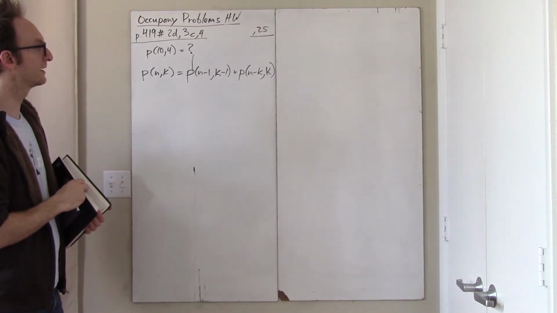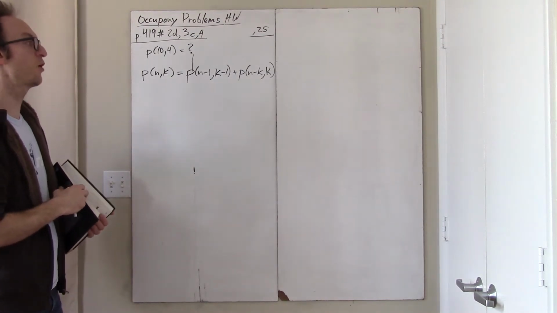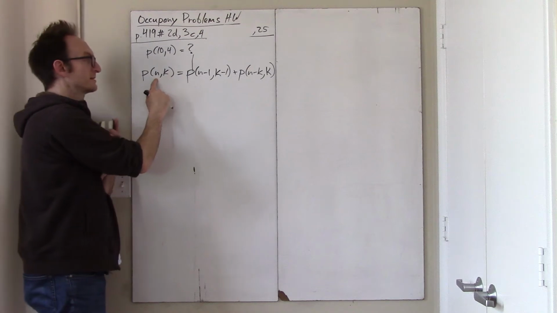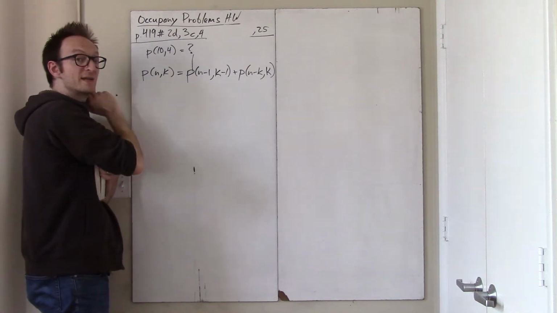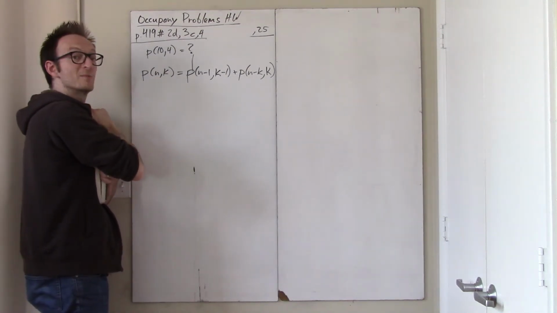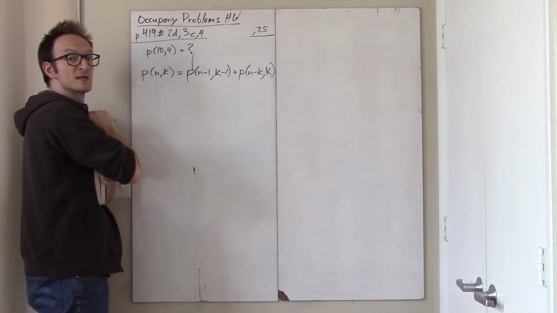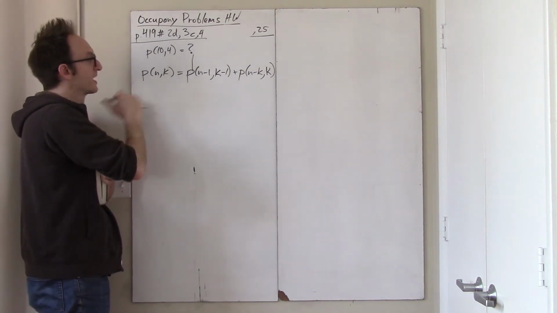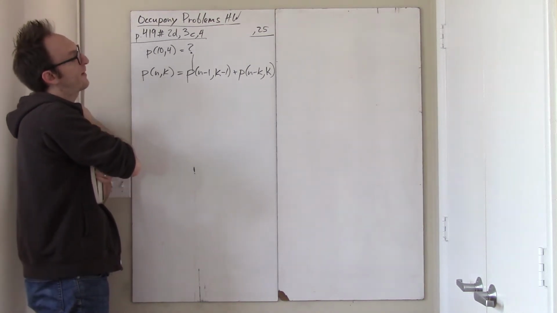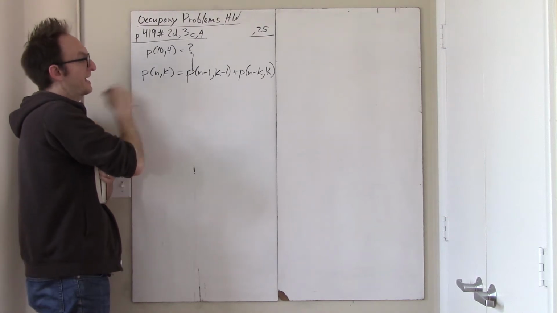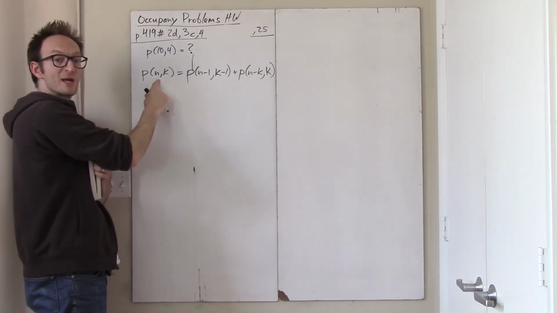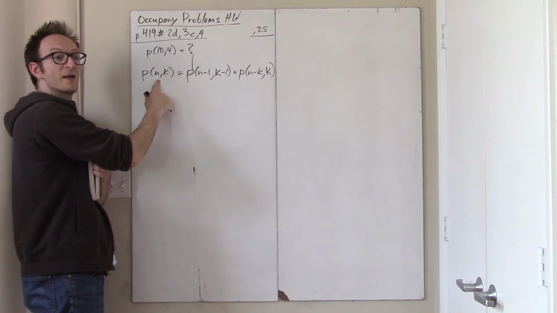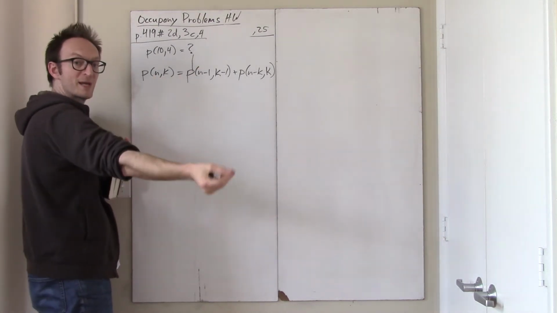But on the other hand, if no piles have lone sad puppies in them, then we can be sure that every pile contains 2 or more puppies. Well, if every pile contains 2 or more puppies, then how can I count how many ways there are to do that? Well, first I just put one puppy in every pile.